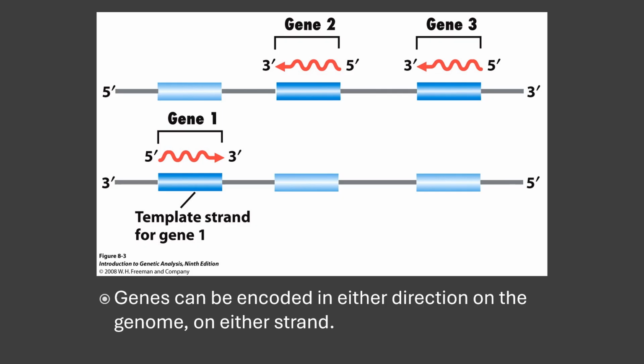So they're not always the same if they're for those different genes. For example, gene 1 is encoded on one strand of that double helix DNA molecule, but genes 2 and 3 are encoded, in fact, in the opposite direction on the other strand of that DNA molecule.